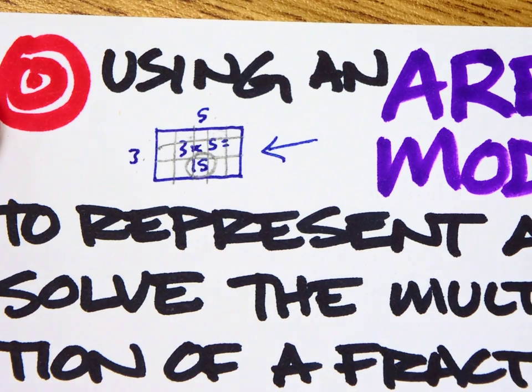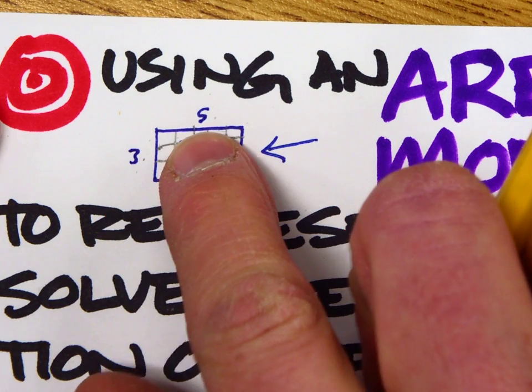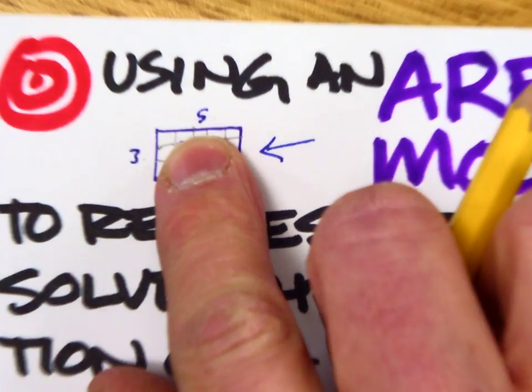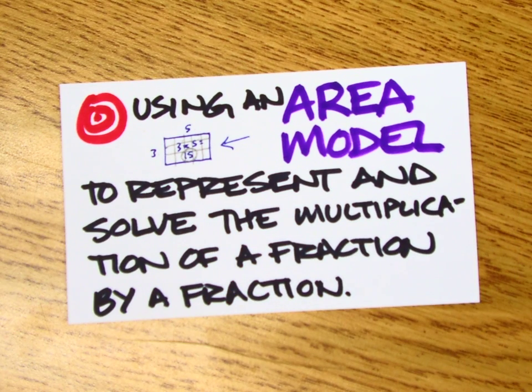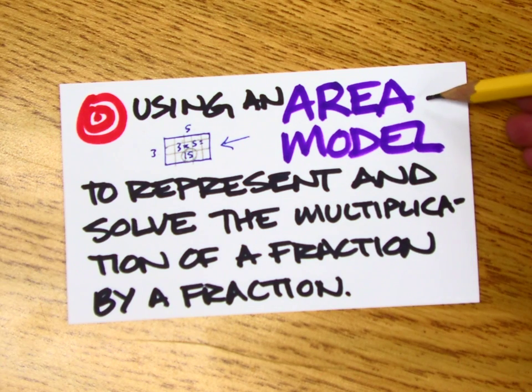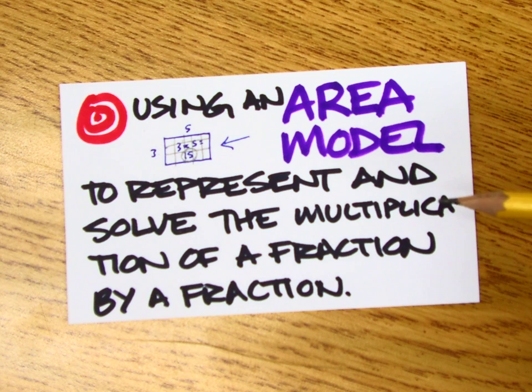And of course this would be true with any sort of area, any size of area, any size of factors and dimensions. So when it comes time to learn to multiply fractions, fractions and the area model work really well to back each other up. Students in middle school are going to be expected to use area models in order to understand how fractions are multiplied, but then they also go beyond and start to use them for division.